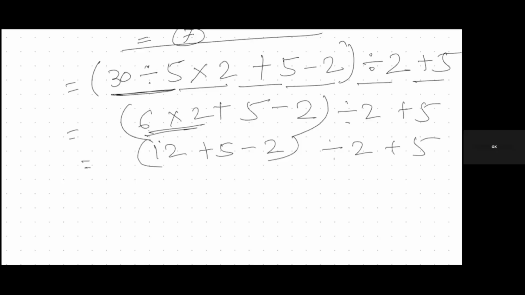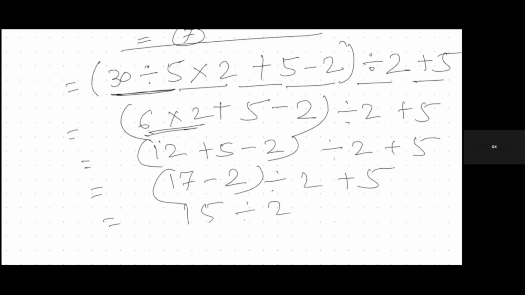Again, the value will come to 17 minus 2 divided by 2 plus 5. That comes to 15 divided by 2 plus 5. That comes to 7.5 plus 5. That's it.